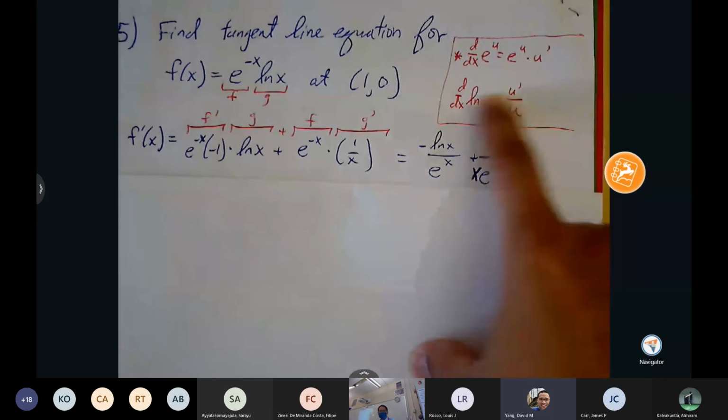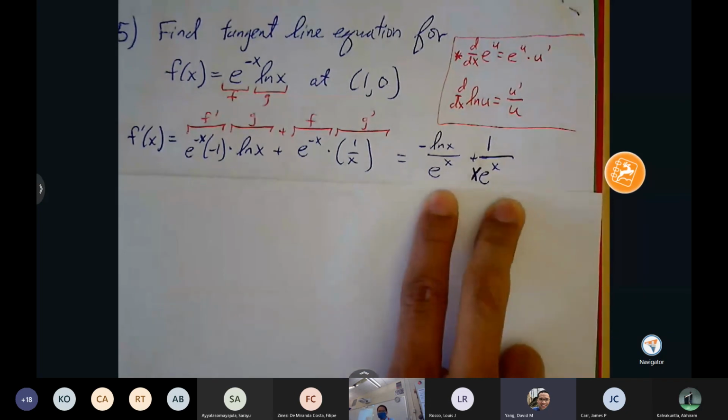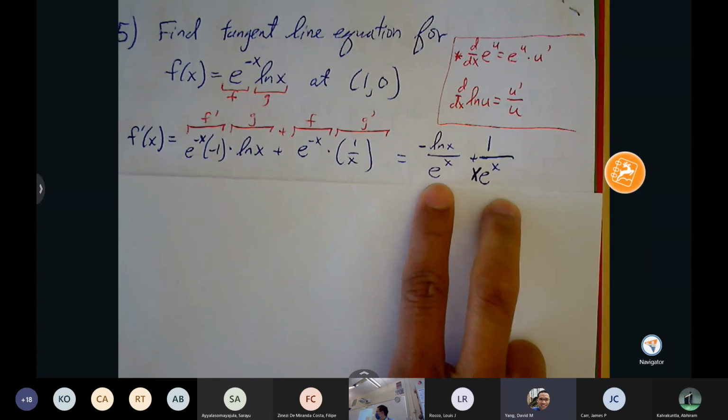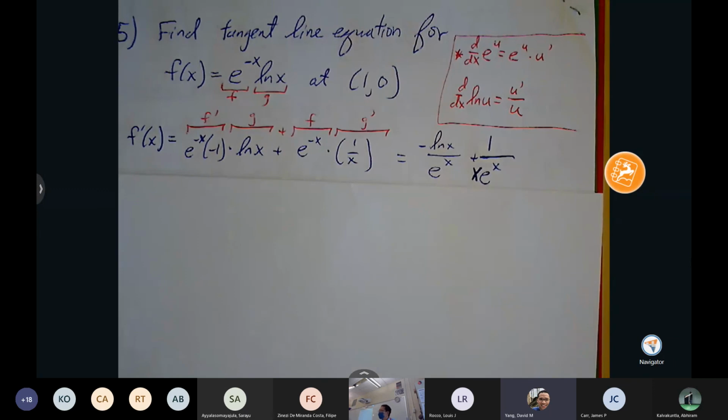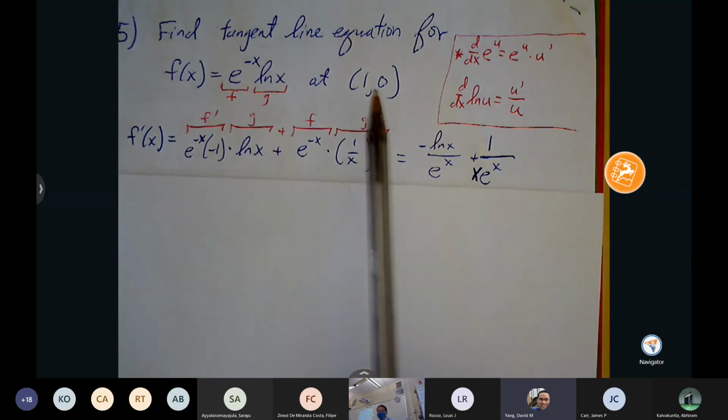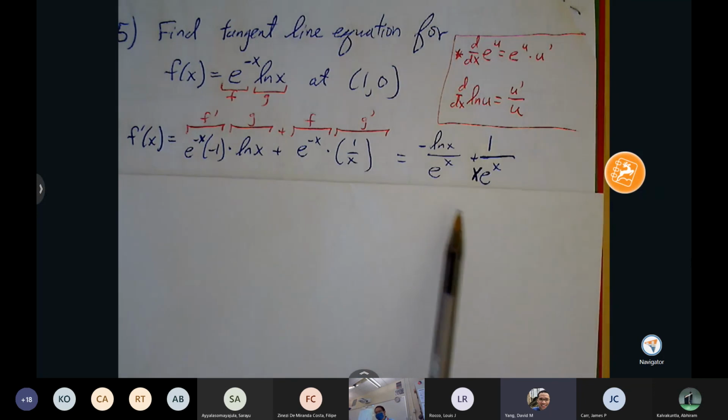Okay, now what can we do with our derivative? Use this to find the what? Slope, right? And how do you find slope? Use the formula. Well, what do you mean by that? Y1.